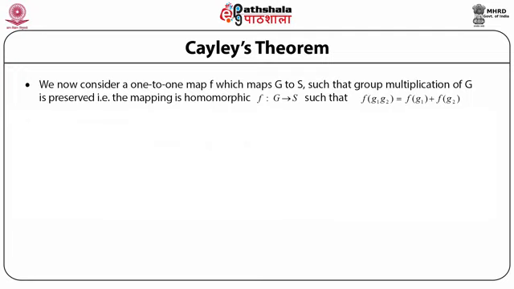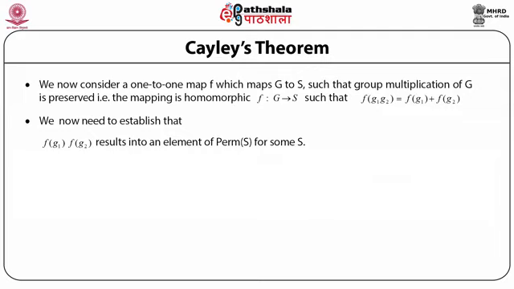That is, the mapping is homomorphic. So we consider a homomorphic mapping of the group G to a group of symmetry S, group of permutations, such that F of g1 g2 is equal to F of g1 into F of g2.